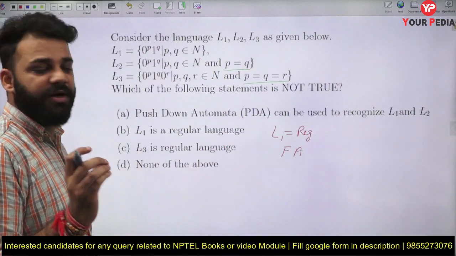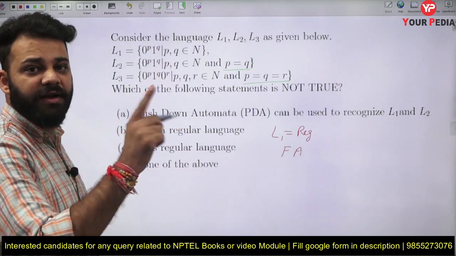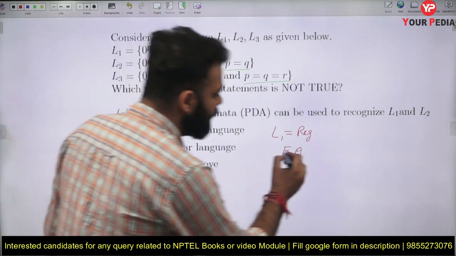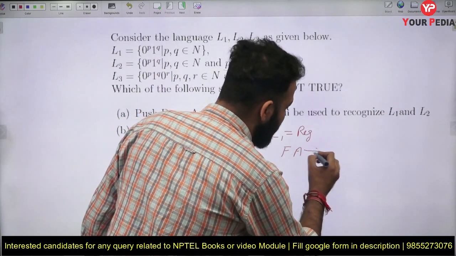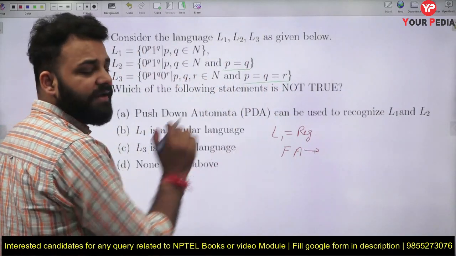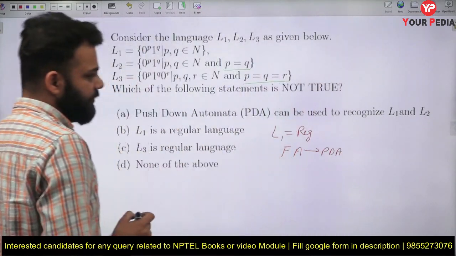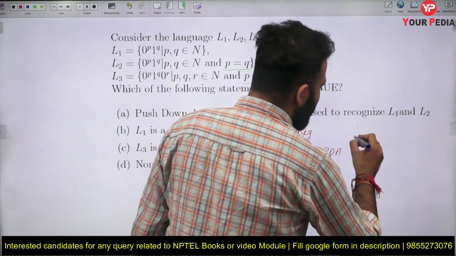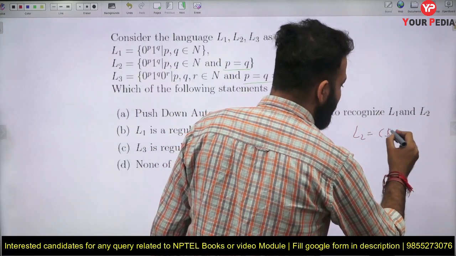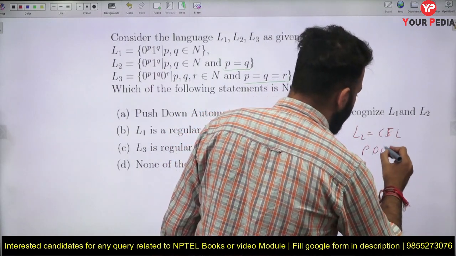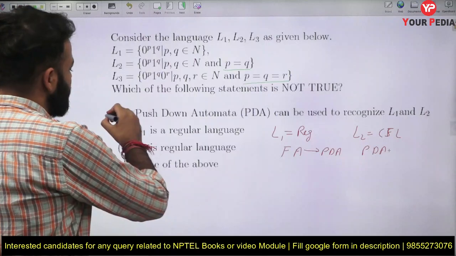Now push down automata, we have seen, has greater power than finite automata. So if a finite automata can recognize this language, push down automata will also be able to recognize this language. So this is true. L2 we have seen is a CFL language, so obviously it will be recognized by PDA. So the first option is correct.